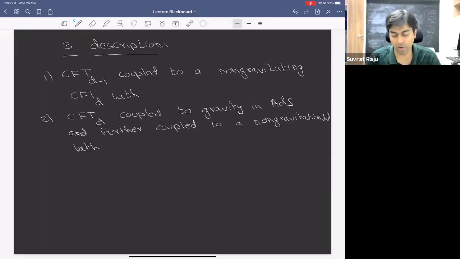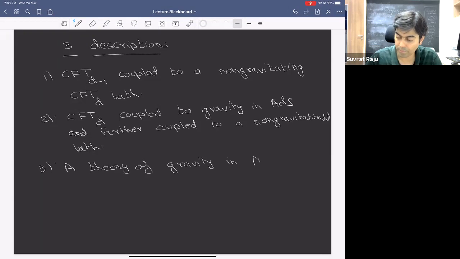In fact, from now on, we are going to use description 2 mostly for words. And we'll think of a description 3, which is a theory of gravity in AdS_{d+1}, which is terminated by a brane.